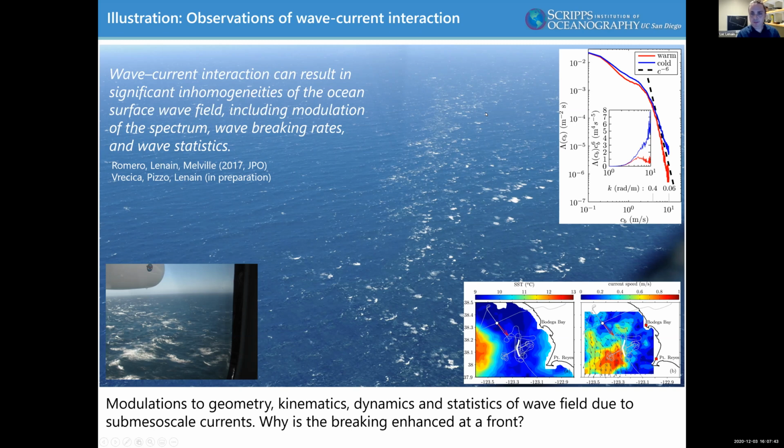You have wave steepening occurring, and that can lead to the generation of enhanced breaking. So we've done quite a bit of work over the years on this, trying to better understand this problem. We're still looking at this with Theodore in our group and Nick Pizzo through some other problem. But this is, I think, a good depiction and a good example of the complexity and the range of scale that is involved here.